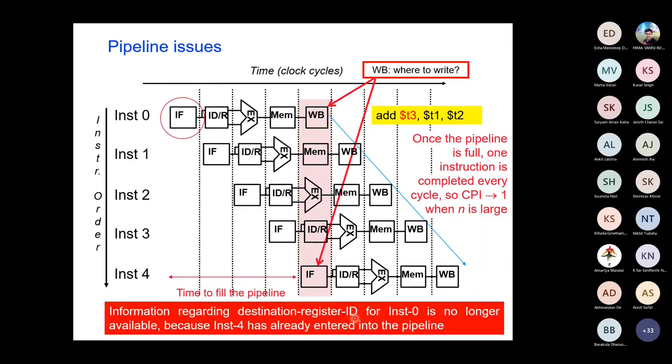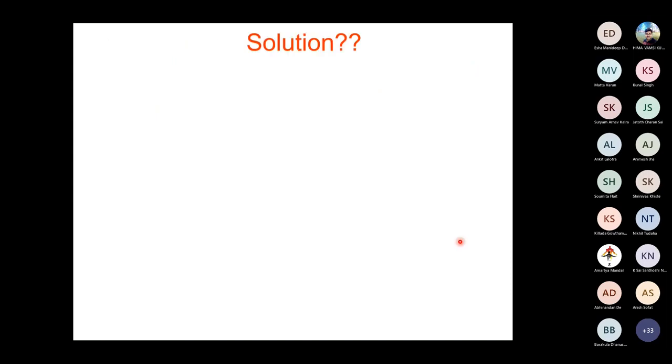So we observe that unless you do this kind of special mechanism, the destination register ID for instruction 0 is no longer available in the pipeline, because the latches that immediately follow the instruction fetch module are processing a different instruction. So that previous information should have been transferred sequentially to the subsequent stages of latches.